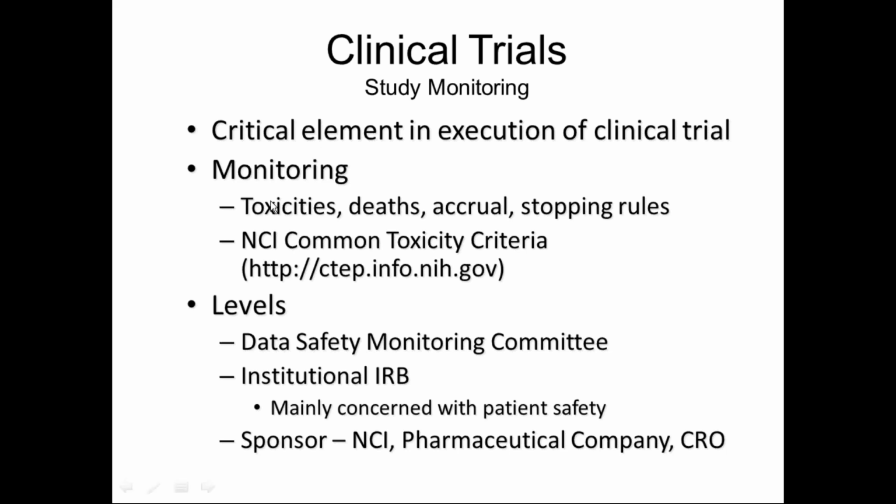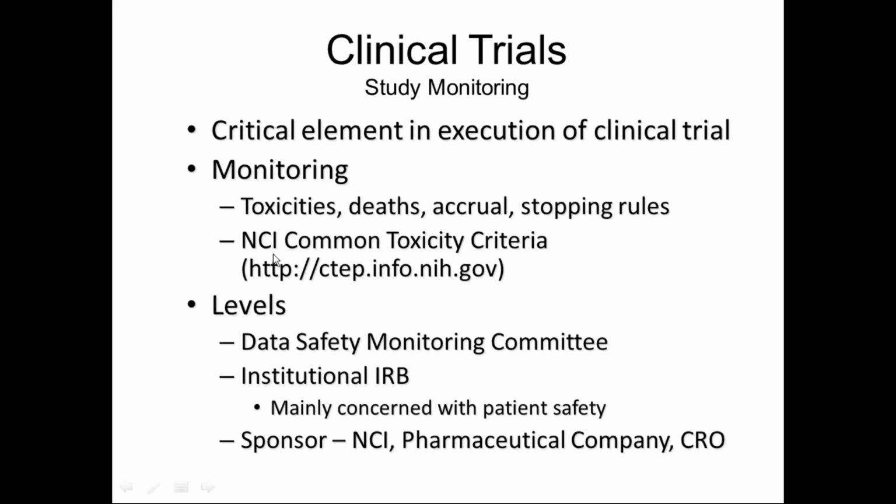Monitors look at toxicities, meaning what's happening to our patients, and deaths among study patients. Deaths can occur that are not related to the underlying disease. People can have other events that can happen. They also look at how we are doing as far as accrual. Often clinical trials have stopping rules, meaning if something happens or X number of these certain events occur.